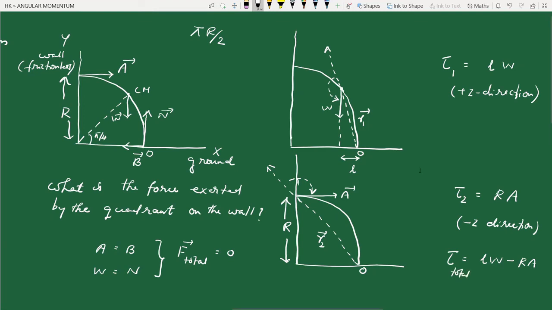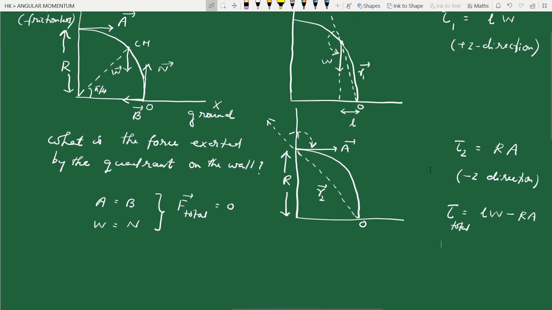Now since the body is in equilibrium, total torque must be 0. So total torque equal to 0 implies L into W minus r into A should be 0. So what is the expression for A? We get L into W divided by r.